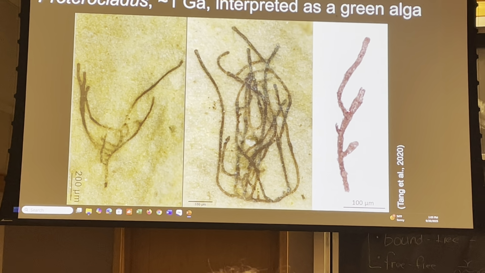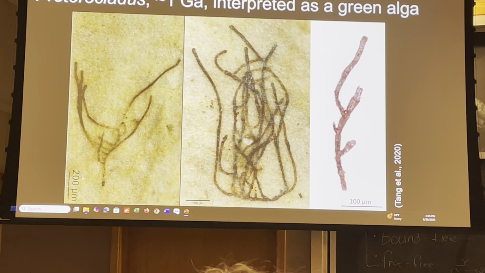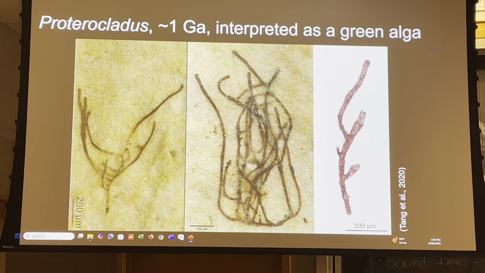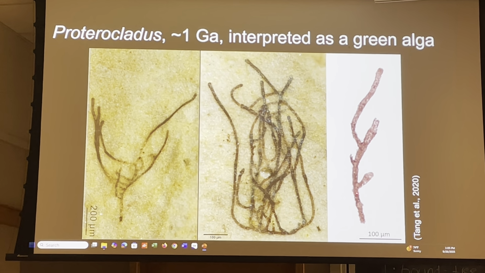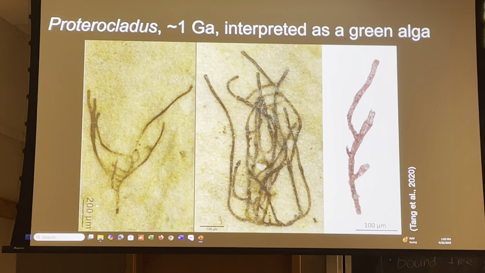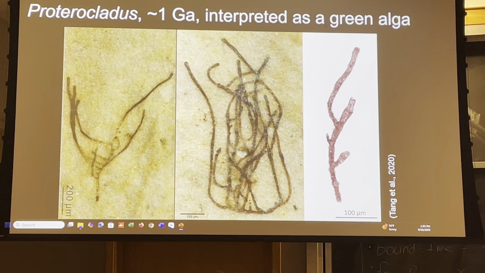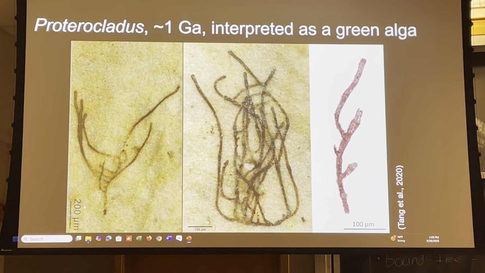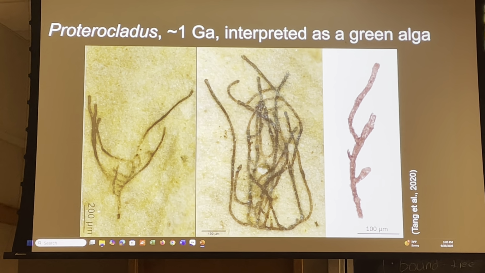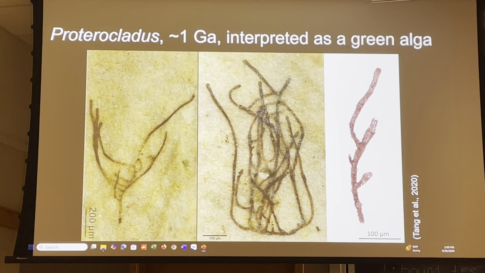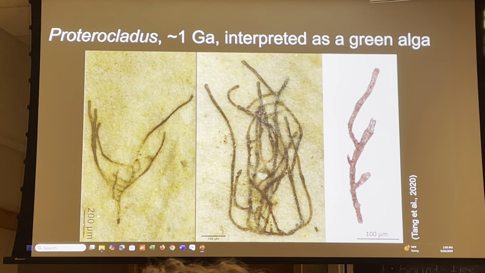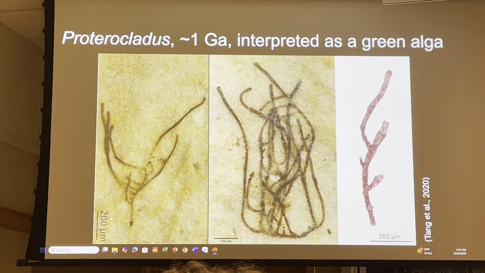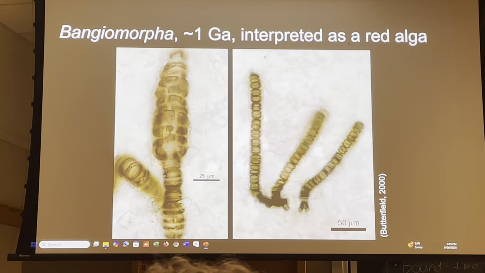We can remove the branch, and very close to each branch, there's a cell division. For example, here you can barely see it, and right here. This type of branching reminds us of a cladophoran green alga. It does the same thing in living green algae. So it's interpreted as, and actually named after cladophoran, Proterocladus, about 1 billion years ago, interpreted as a green alga.